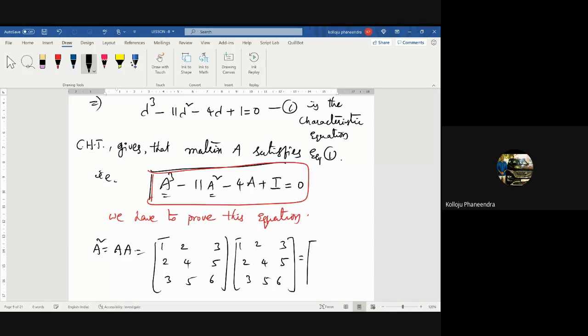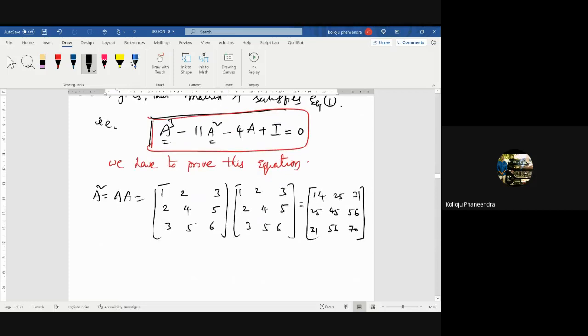Definitely one essay question will be there on Cayley Hamilton theorem. And the product is 14, 25, 31, 25, 45, 56, 31, 56, 70. A square is over.